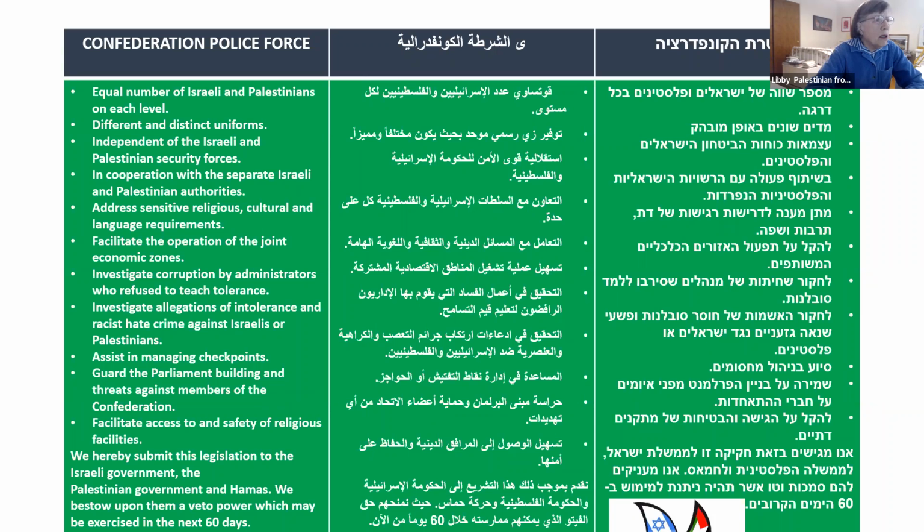Investigate corruption by administrators who refused to teach tolerance. Investigate allegations of intolerance and racist hate crime against Israelis or Palestinians. Assist in managing checkpoints. Guard the Parliament building and threats against members of the Confederation.